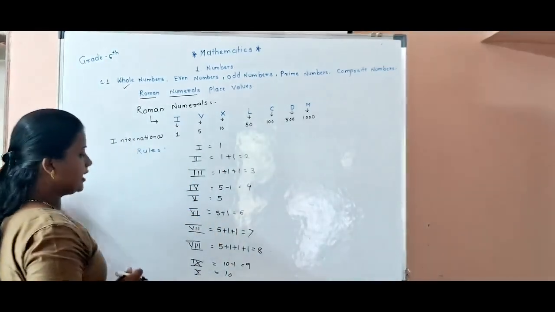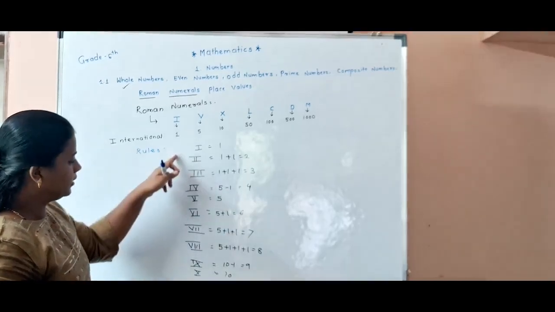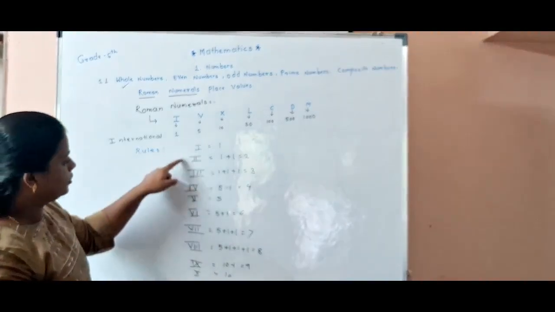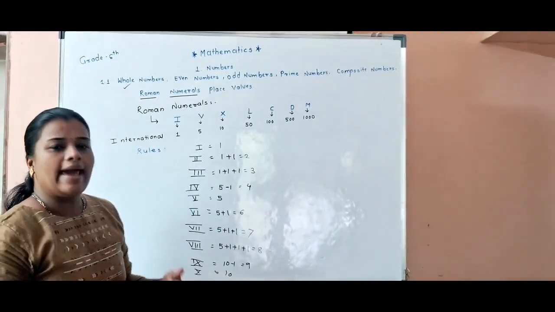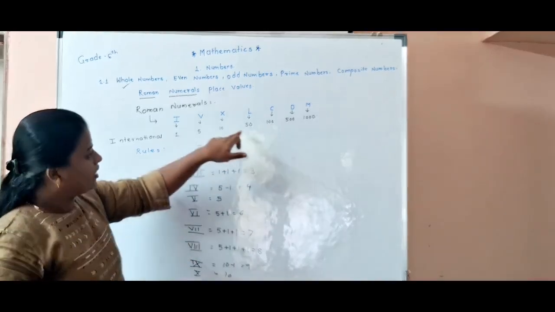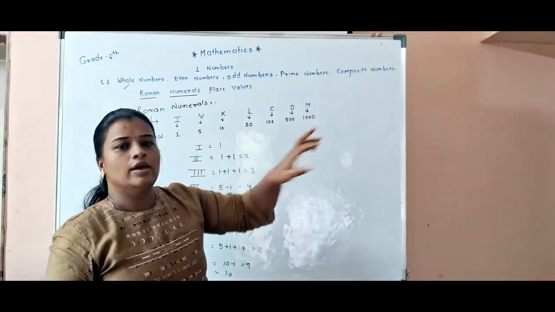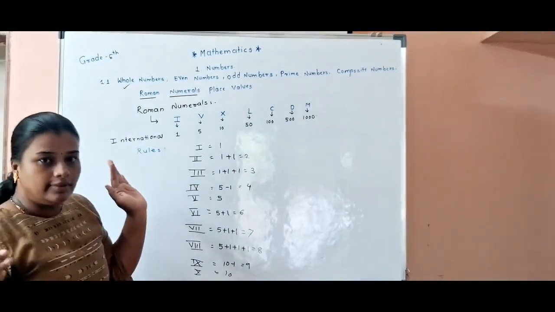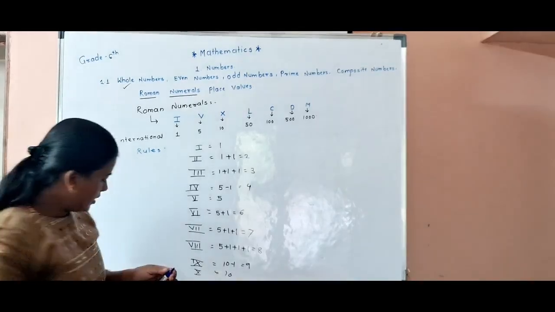So you can see from 1 till 10 we have written all the Roman numerals, right? 1, 2, 3, 4, 5, 6, 7, 8, 9, 10 and so on. Whatever you want, with the help of LCDM, you can make a lot of international numbers. Okay, so this is the whole of the Roman numerals.